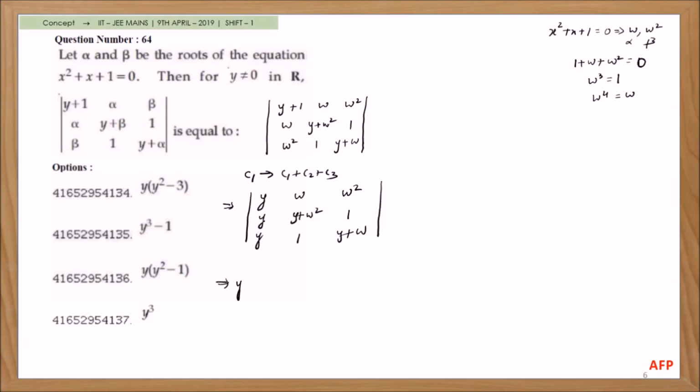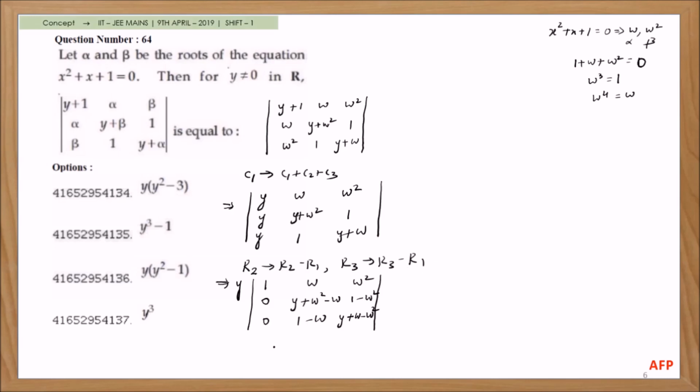Now we will get 1 1 1 here. To this we will apply R2 changes to R2 minus R1 and R3 changes to R3 minus R1. This is what we got. So we go for expansion, y as it is.